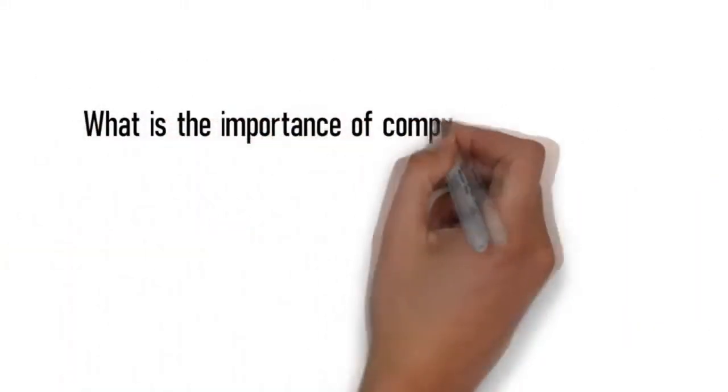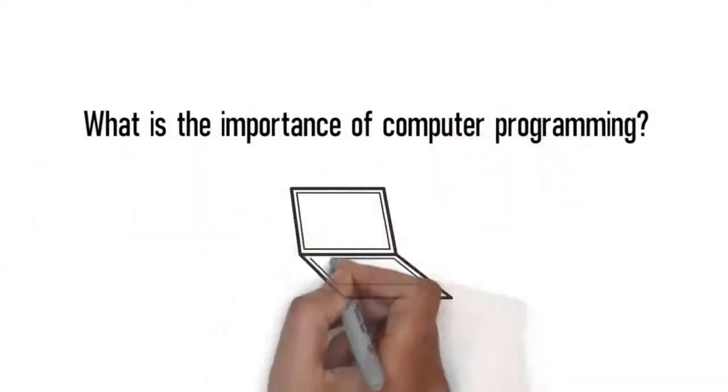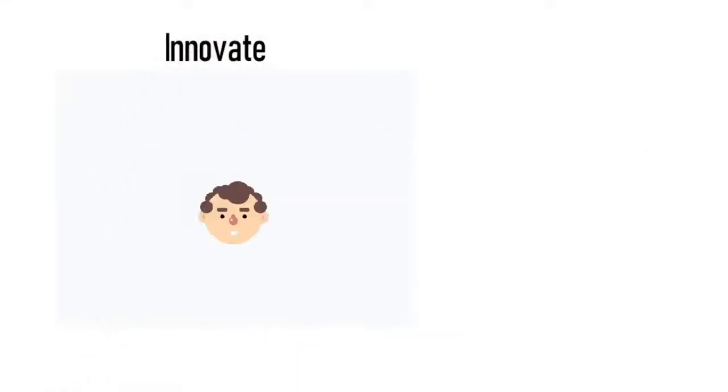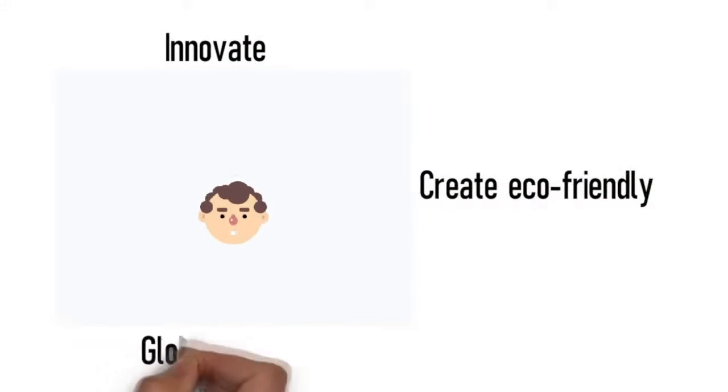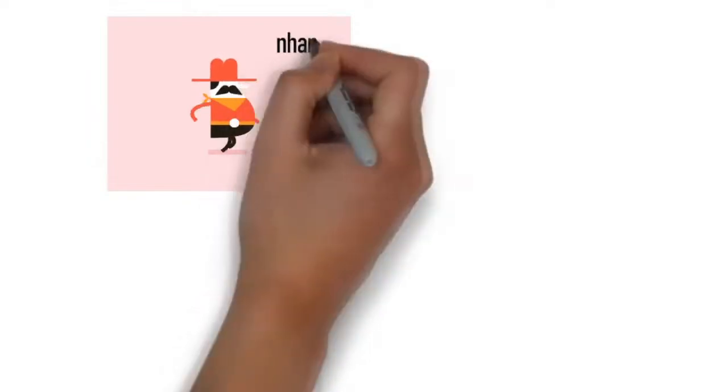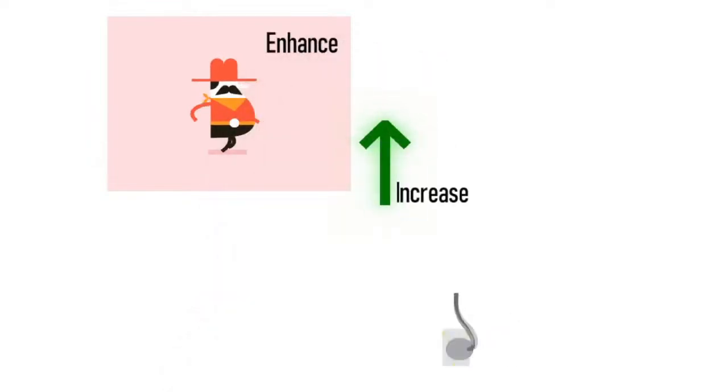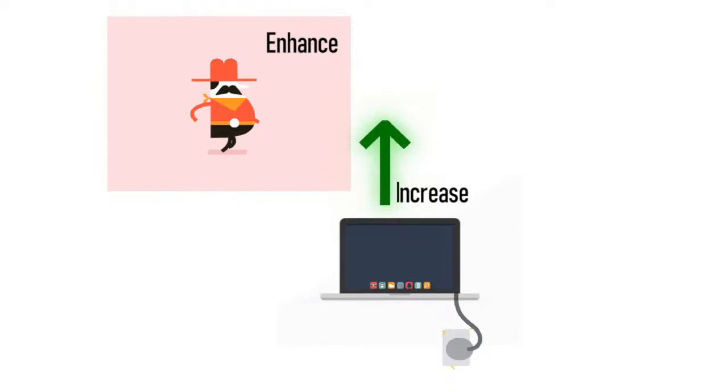What is the importance of computer programming? The programming skill is important for learning, to innovate, create eco-friendly solutions for global problems. Programming is important in our daily life to enhance and increase the power of computers and the internet.